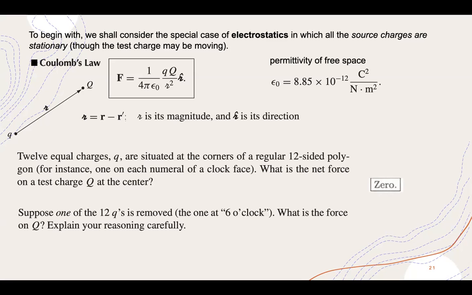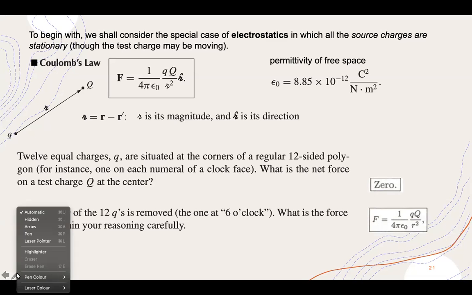And then by that symmetry requirement we said that if one of the 12 q's was removed, what could be the force and what could be the reason for that. Okay, so we said that the force is given by the expression here.